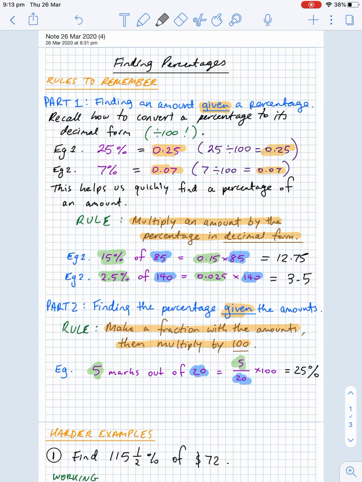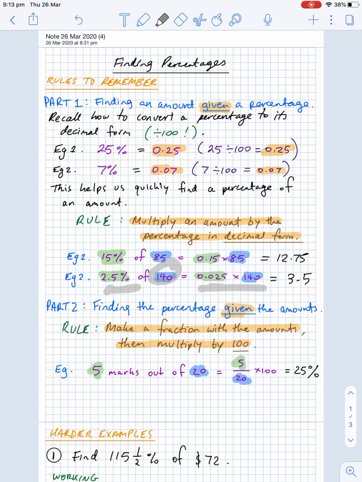Let's try grey. Okay, so next up, a trickier one, like 2.5% of 140. So the idea is you're just multiplying 140 by something because that's your amount. You want to change this to its decimal form, so divide by 100 and you get that. So you're literally just thinking to yourself, take your 140 and multiply by the decimal version.